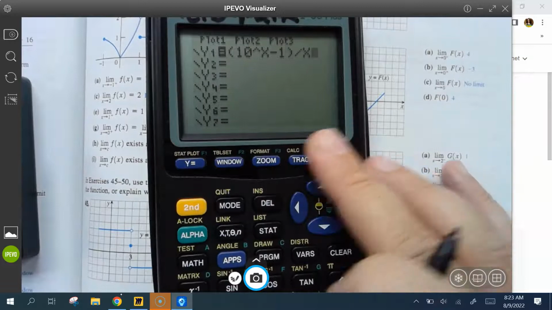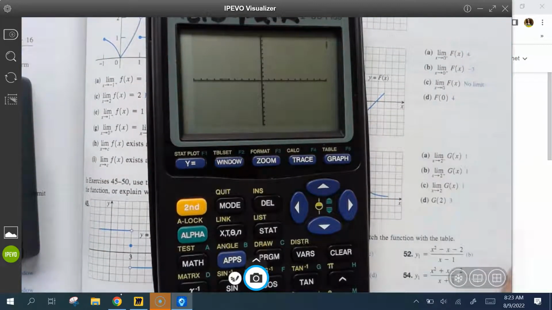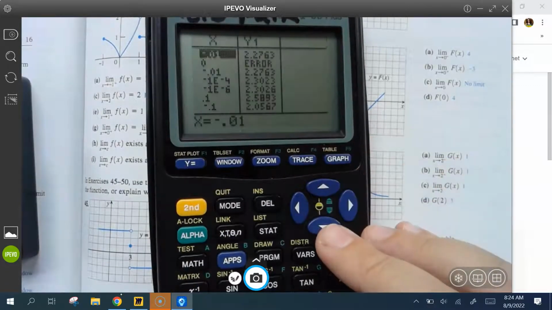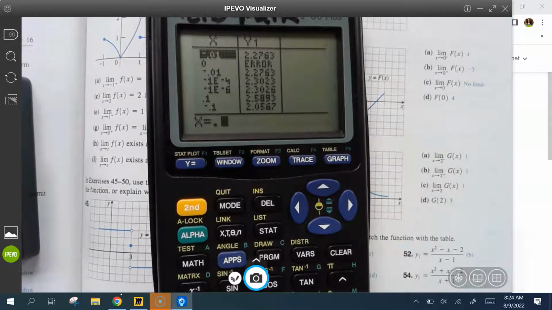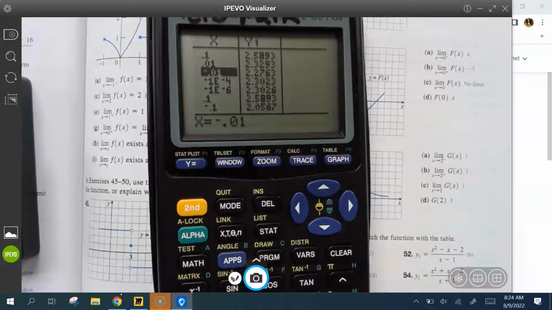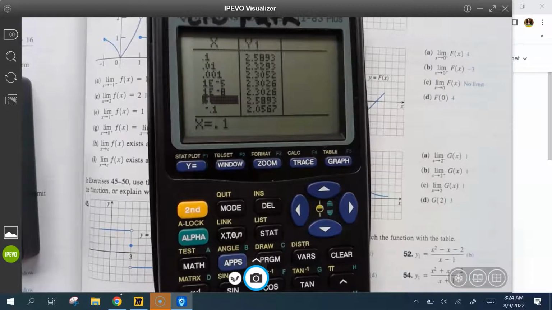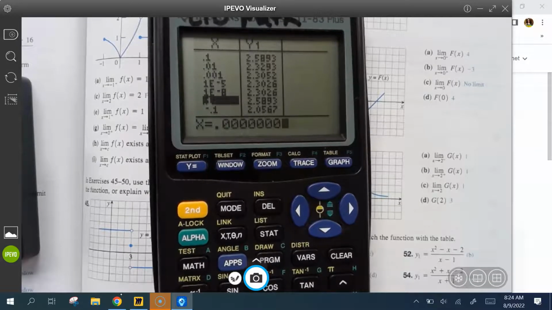So let's see, we'll graph it first. 0.1, 0.01, 0.001, it looks like it's approaching 2.3. Is that what you put?